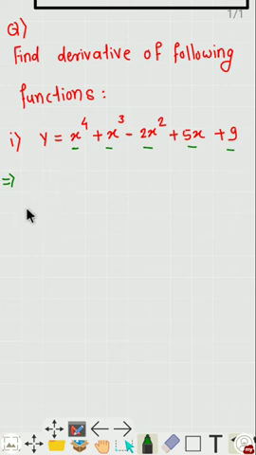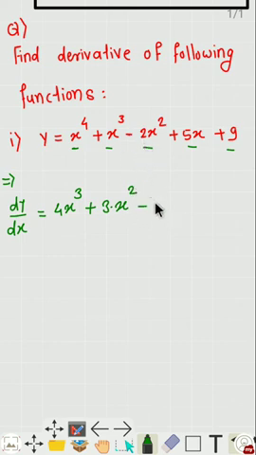So we write the derivative of y with respect to x like this: the derivative of the first function, 4x raised to the power 3, plus the derivative of the second function, 3 into x raised to the power 2, minus 4 into x plus 5 plus 0, because 9 is a constant function.